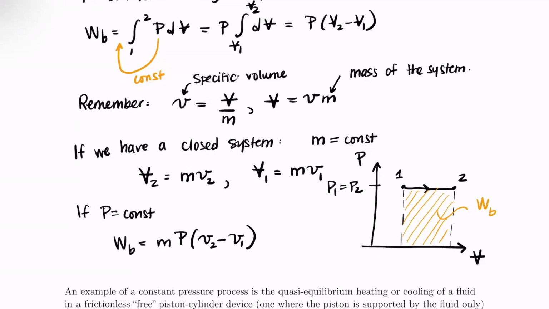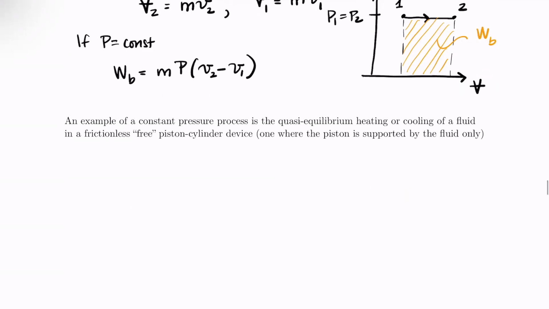All right, cool. Okay, so an example of a constant pressure process is the quasi-equilibrium heating or cooling of a fluid in a frictionless free piston cylinder device. So this is essentially a piston that's supported by the fluid only. So it will look like this.